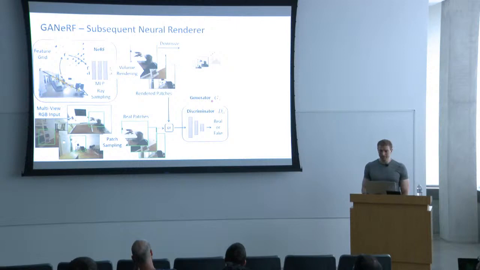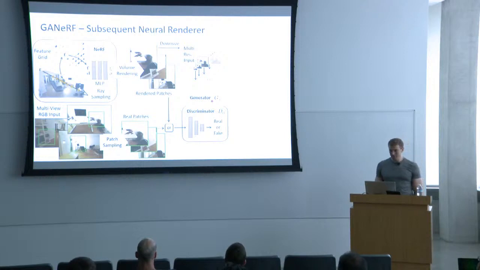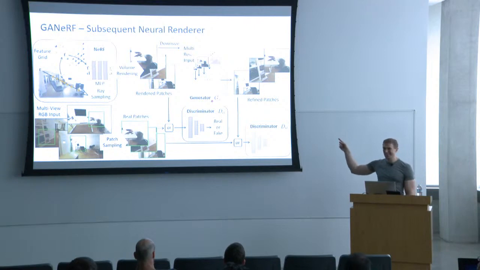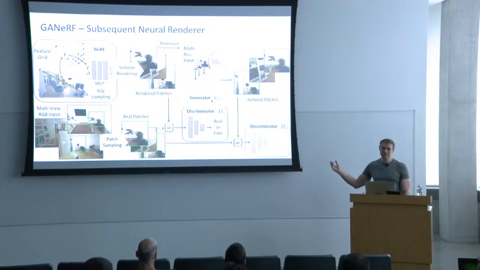We downsize the input, so we're feeding this multi-resolution input into the generator. Then we have rendered patches again, and we're comparing these with a second discriminator with patches from the real scene, and then deciding which one it is. This second part is inspired by SinGAN. They did this on a single image, and we're trying to do this on a single scene. So the second idea is very much the same thing, tailored towards this NeRF optimization.